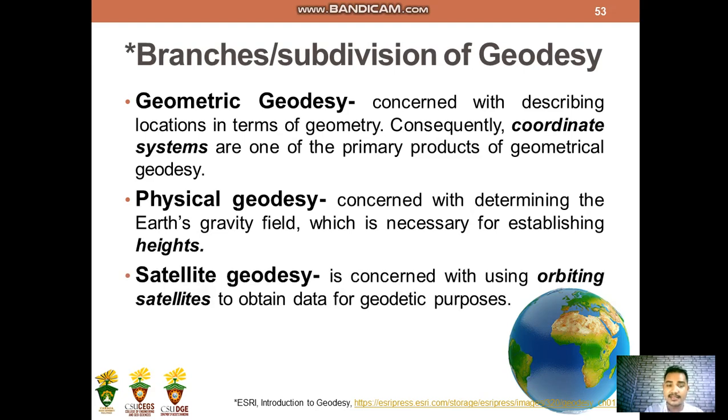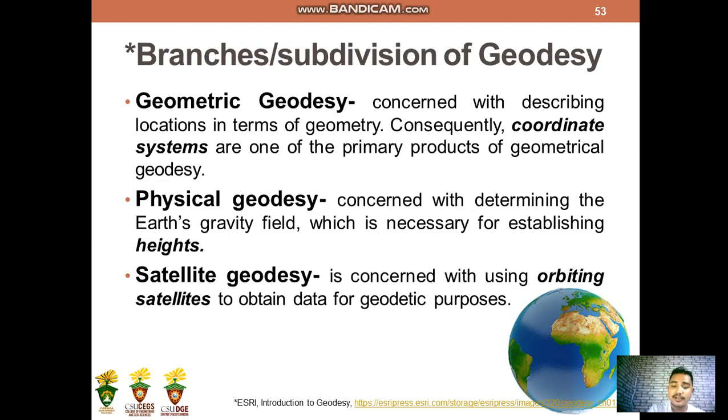Next is satellite geodesy, the third subject that you are going to undertake in the geodesy subjects. It is concerned with using orbiting satellites to obtain data for geodetic purposes. From the word itself, a satellite is one that is artificially put in outer space to observe the Earth.